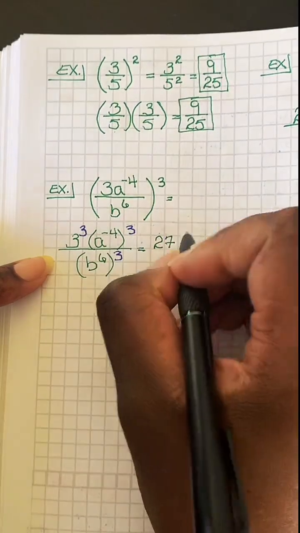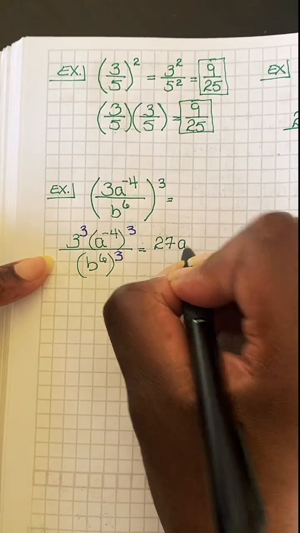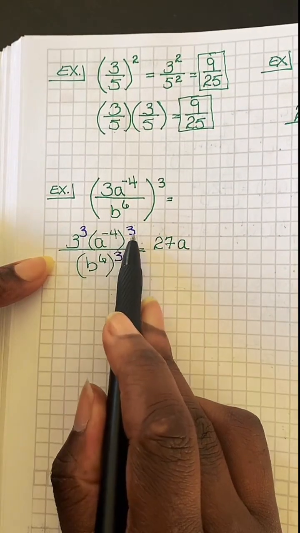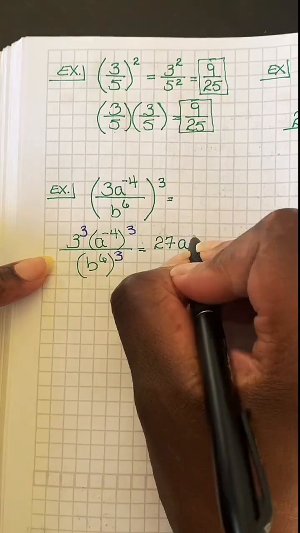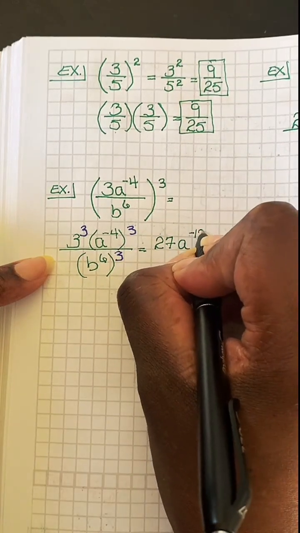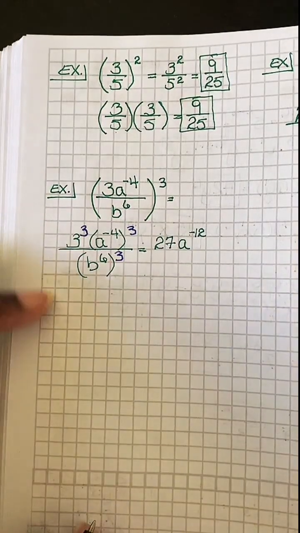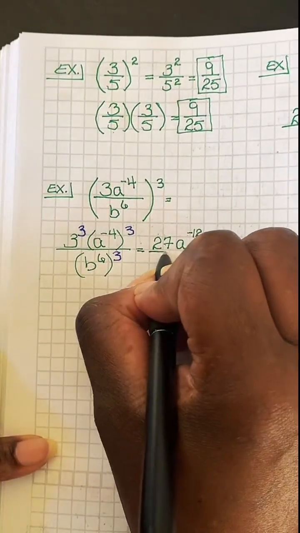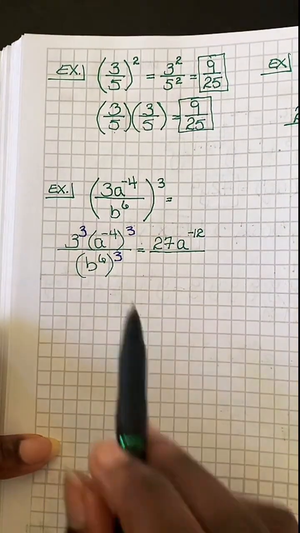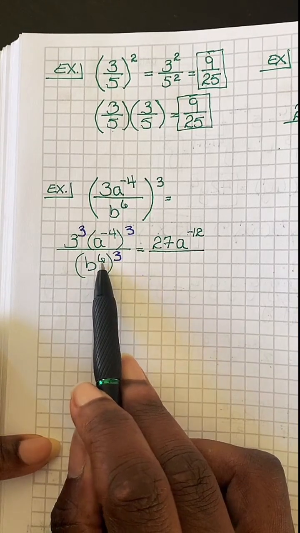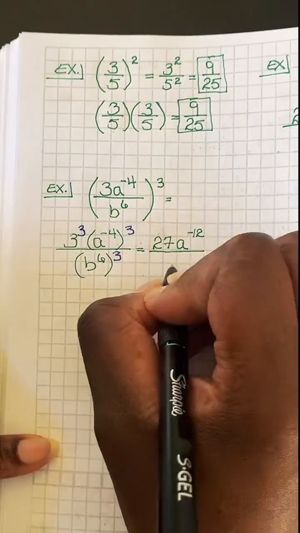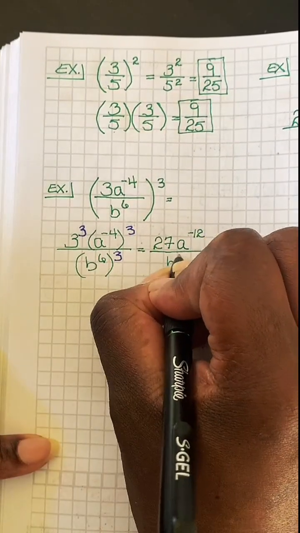You have your base of a, and when you see an exponent, a parenthesis, and an exponent, that means we're multiplying. So this gives me a negative 12. And you want to put it over. Now we have b to the 6 raised to the third power. So 6 times 3 gives me b to the 18th.